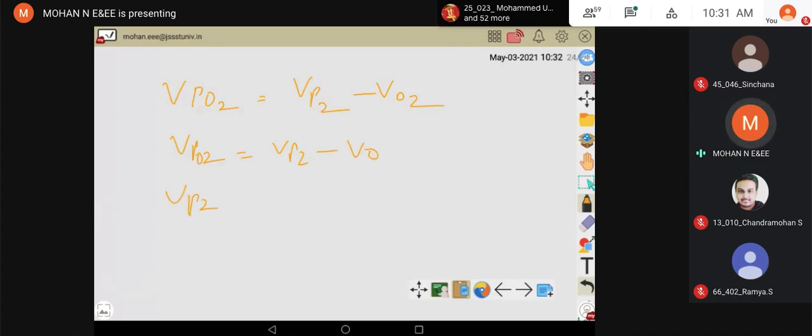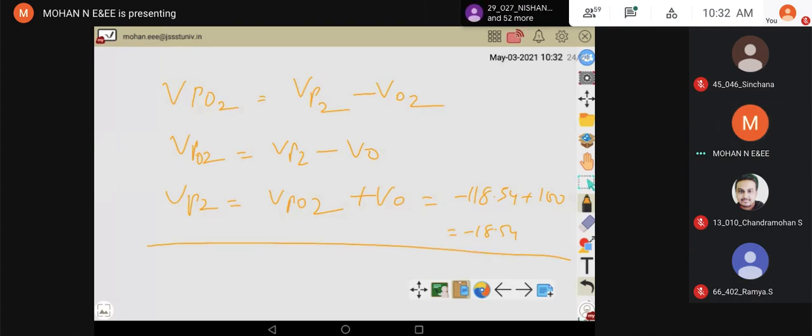So VP2 is equal to VPO2 plus VO. It is minus 118.54 plus 100, minus 18.54. Now we got VP1 plus VP2, that is equal to VP, that is 50.16 minus 18.54, that is equal to 31.61 volts.